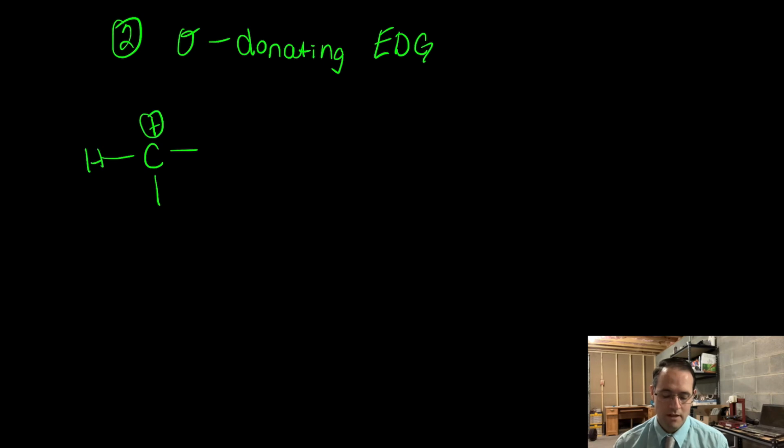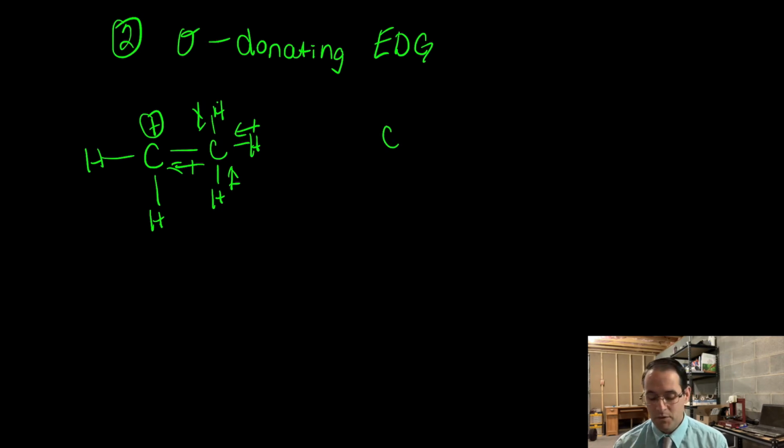Now it comes back to this idea of carbocation stability. We talked about how things like this generally don't form because they're primary carbocations, and these carbon-hydrogen bonds are very weakly polarized towards carbon, and this methyl group is a very weak electron donating group. It kind of stabilizes the carbocation. Now, if you have 3 methyl groups surrounding a carbocation, that apparently is enough to stabilize it so that it actually does possibly form.